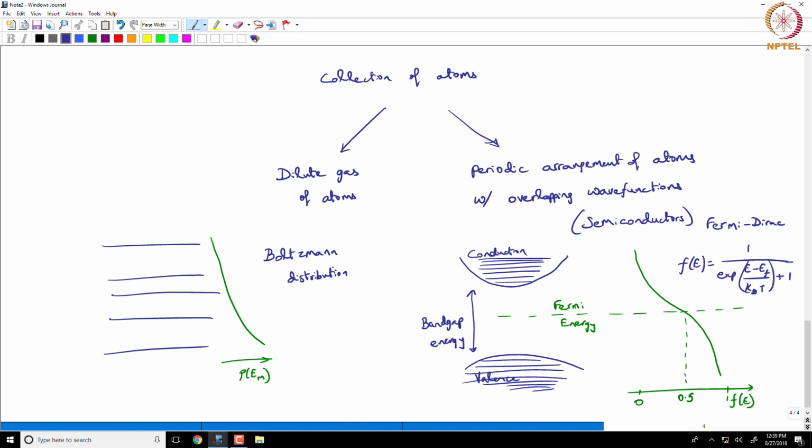Whereas if you are looking at semiconductors, you essentially have to take into account this Fermi-Dirac distribution. Just for completeness, the probability of occupying an energy Em is given by exponential of minus Em over kBT.